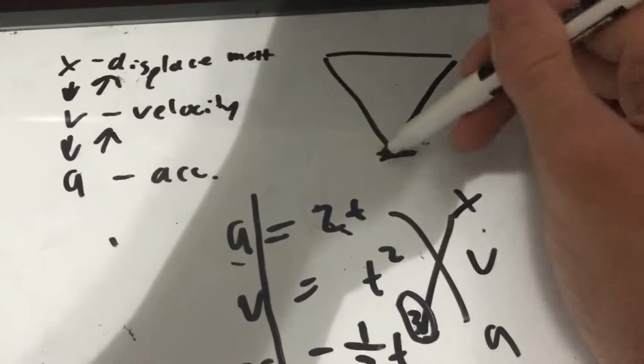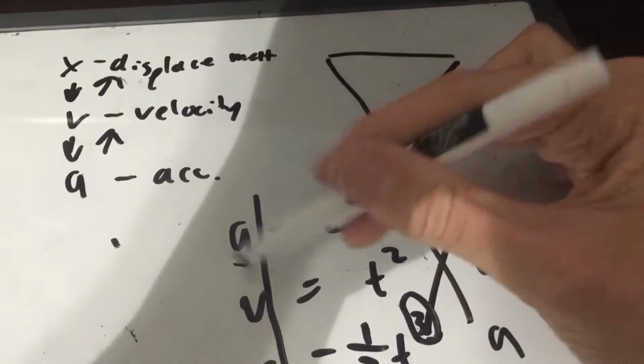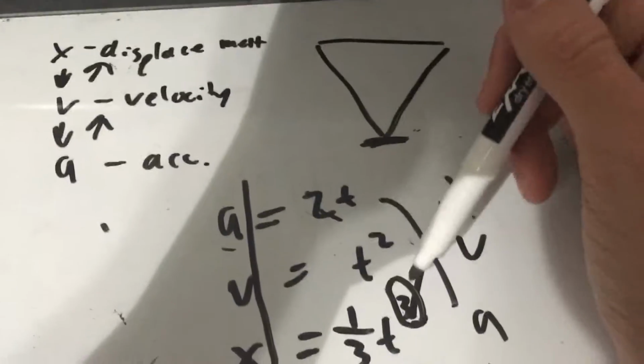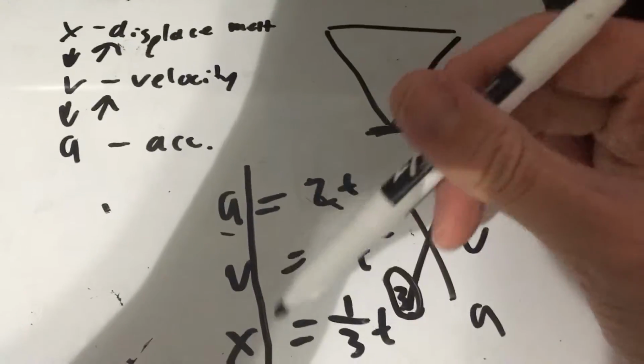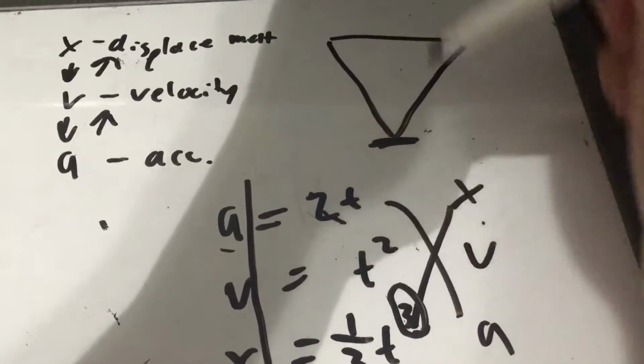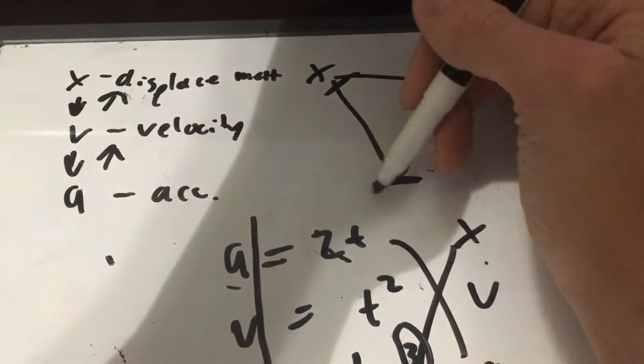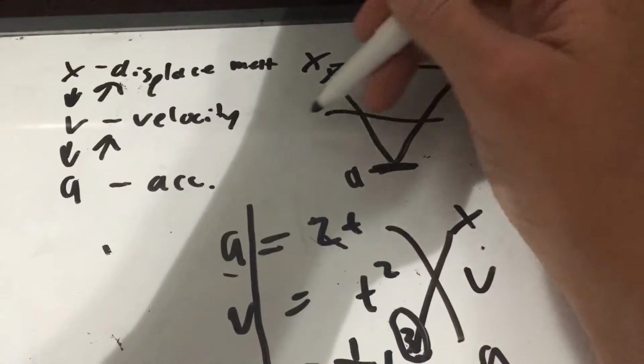Meaning that down at the bottom is where you'd have the linear, because remember this is acceleration, the bottom of the triangle. And at the top, you would have the highest exponent, the highest degree, because displacement is going to be the most complex. So up here is your x, and down here is your a. In the middle is your velocity.